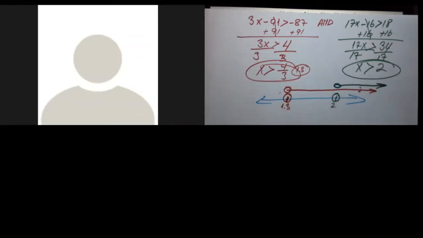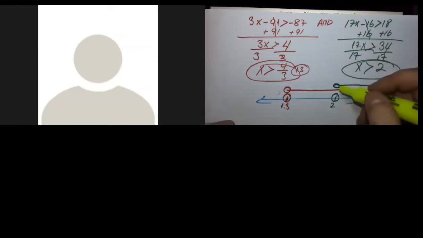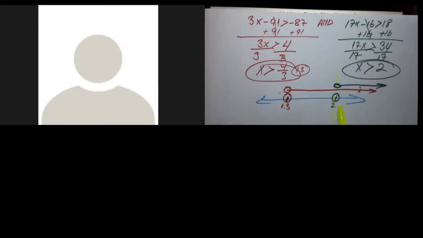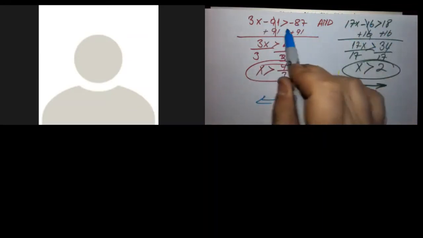Now, this is what I meant. See, because this is an "and," the only overlapping that's happening is after all the numbers greater than 2. So the numbers between 1.3 and 2 will not satisfy both of these equations at the same time.